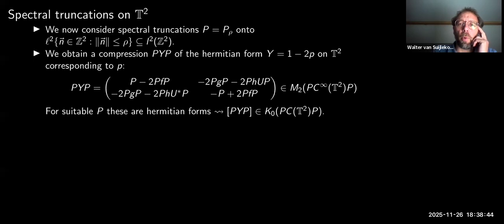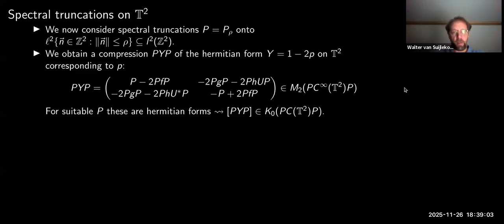There are two P's, so one should be a little bit careful. Capital P is the compression, so that's really the spectral truncation. Then the Loring, or the Powers-Rieffel-Loring construction, is small p. And the Hermitian form is capital Y, so that's 1 minus 2p.